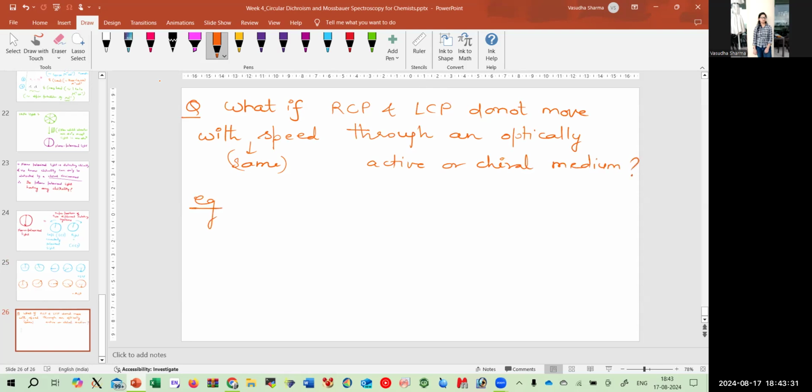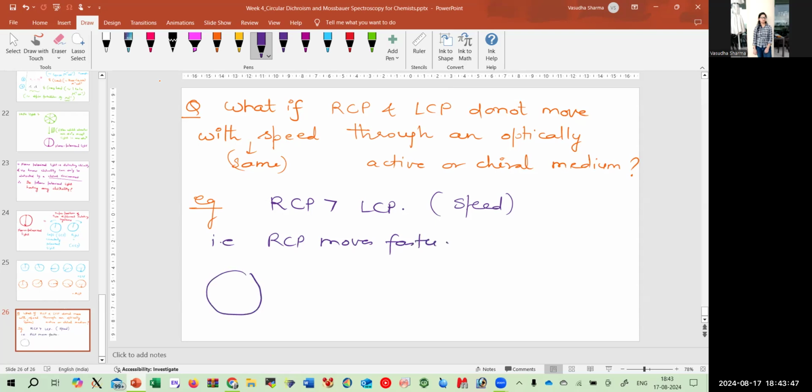For example, we take that RCP is greater than LCP in terms of speed. That is, RCP moves faster. If that is the case, then the left part would be very less, so it would not be moving faster.